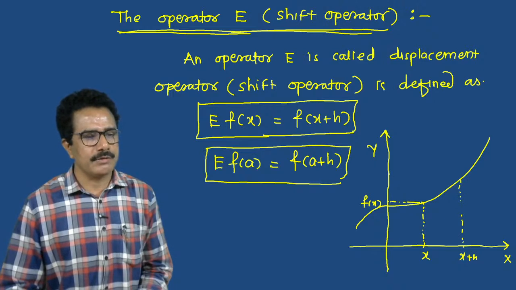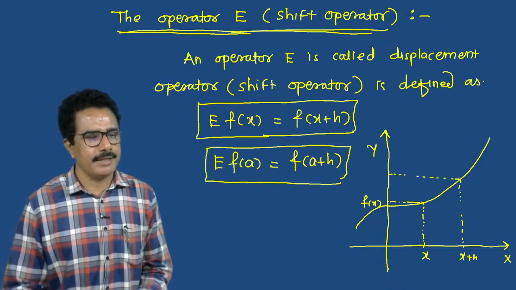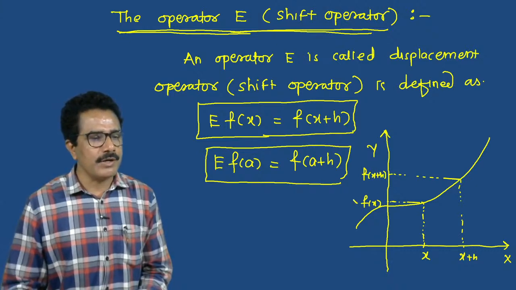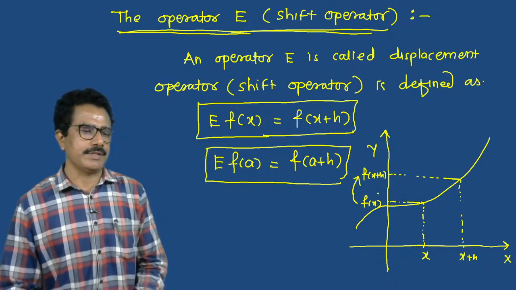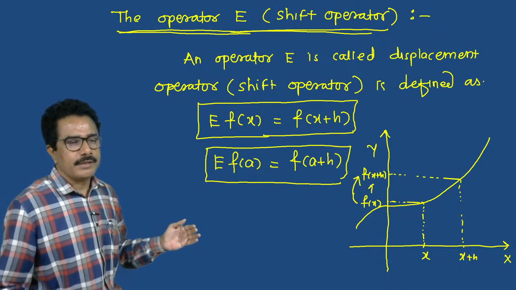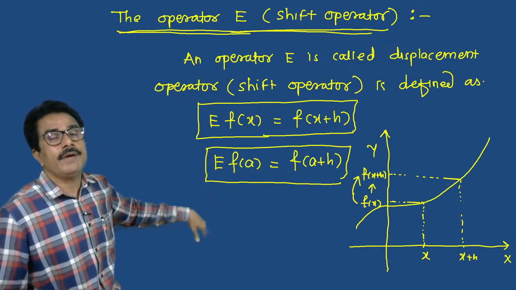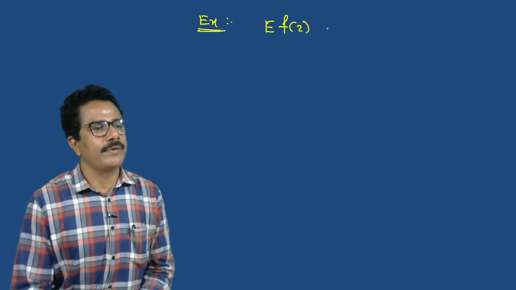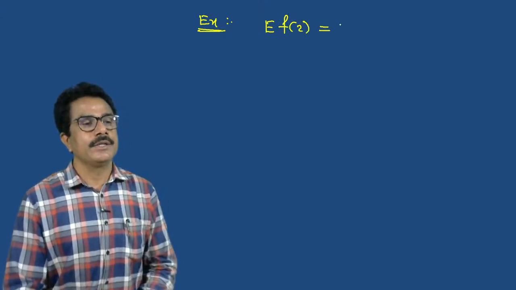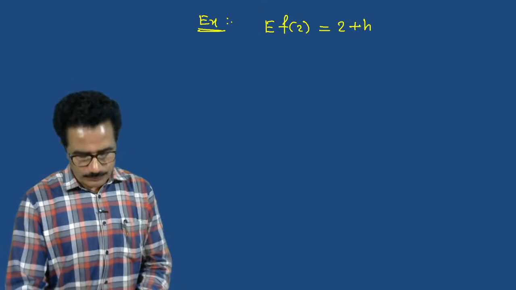This value is denoted by f of x plus h. So this operator shifts the given function to its forward function. If we, for example, if we take E of f of 2, then we can write 2 plus h, f of 2 plus h.